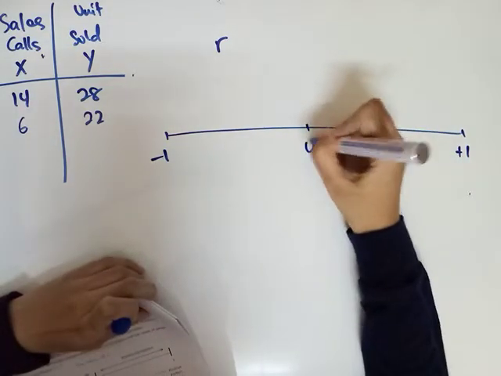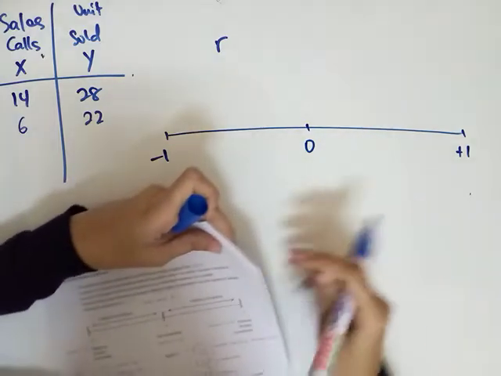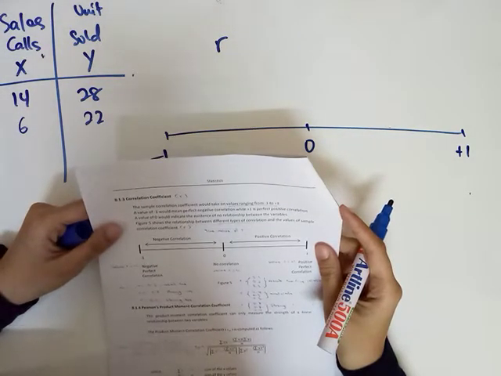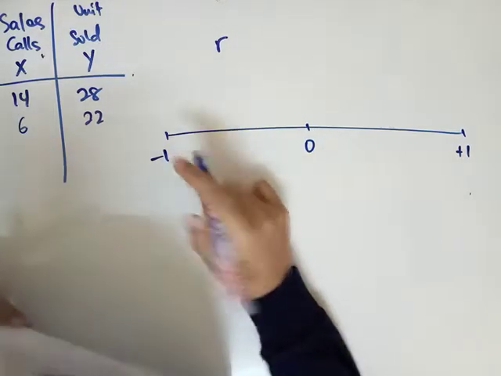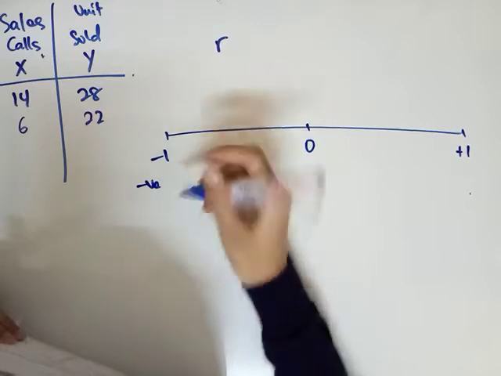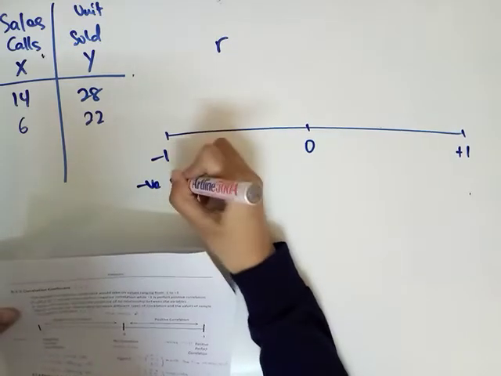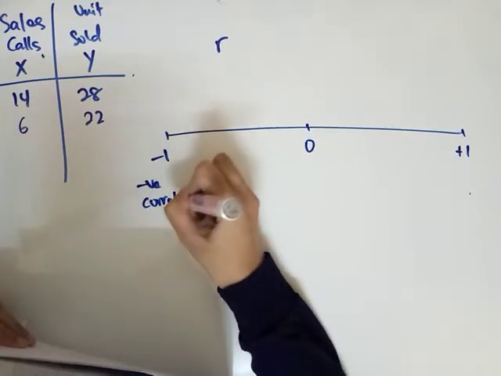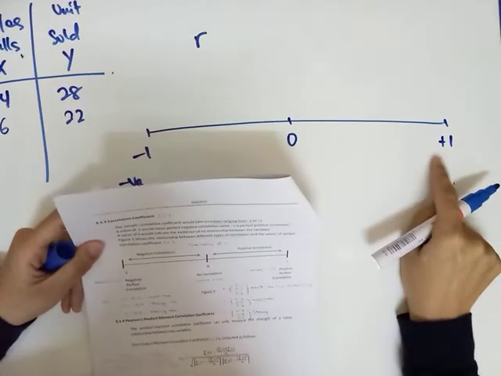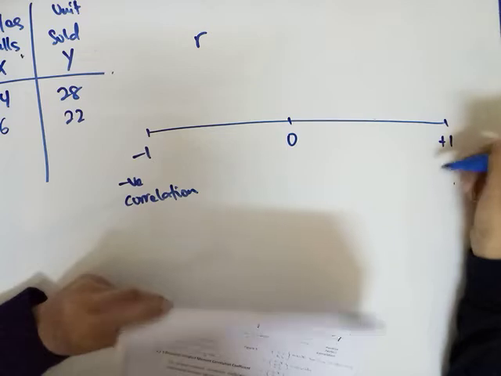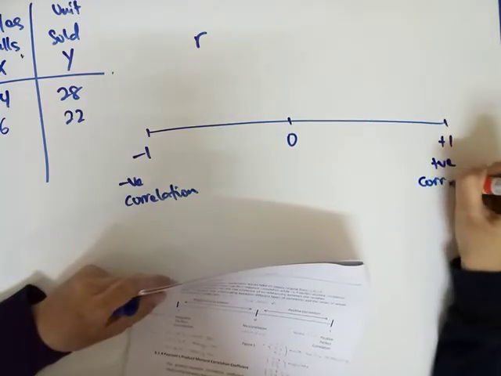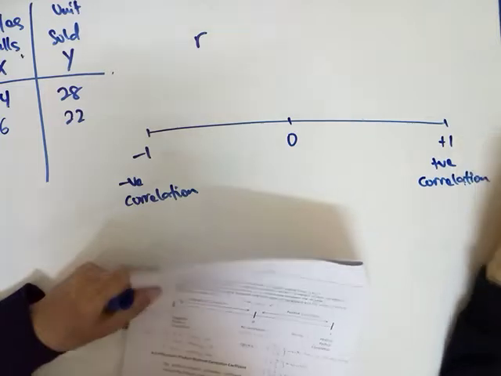Okay, and then we have a 0 value here. A value of -1 would mean perfect negative correlation. So for value -1, it is perfect negative correlation. Yang ni saya short form kan negative correlation. While +1, it is perfect positive correlation.